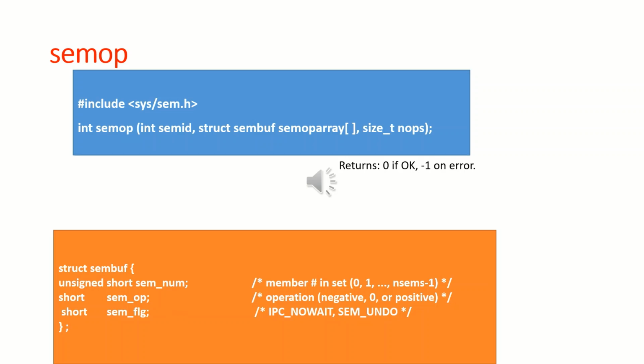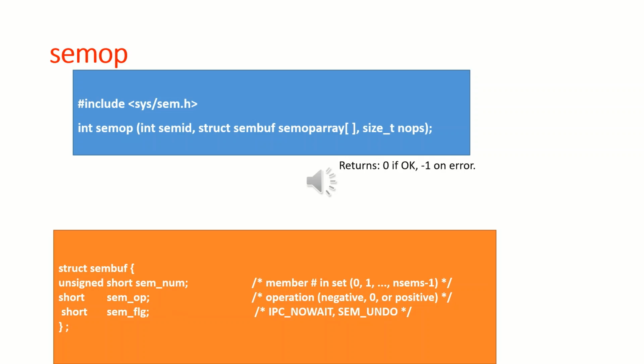The short sem_op is the semaphore operation, which can be negative, positive or 0, depending on the type of operation performed. The short sem_flg depends on the flags IPC_NOWAIT or SEM_UNDO, with which the operation is performed.